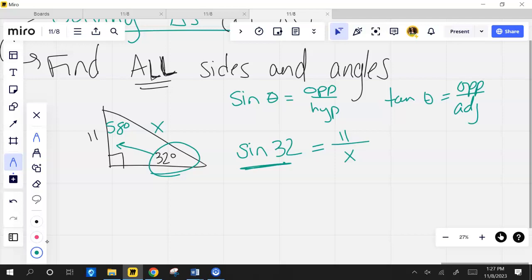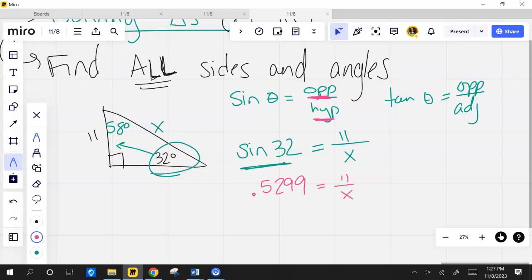I'm trying to find a missing side, right? And sine will relate the opposite side to the hypotenuse side. So since I have one of them and I know the angle, hit sine 32 on your calculator. Know what you got?